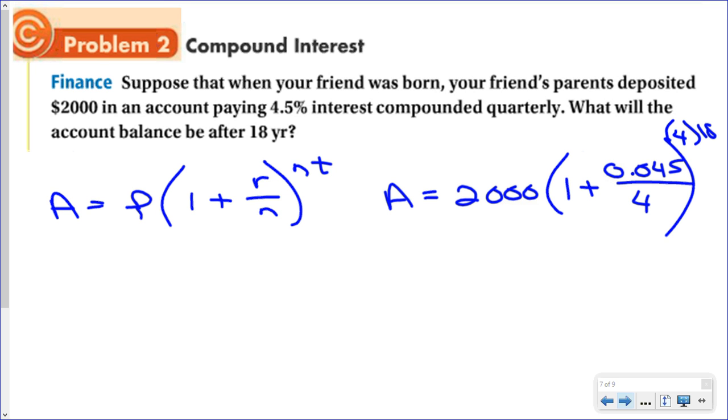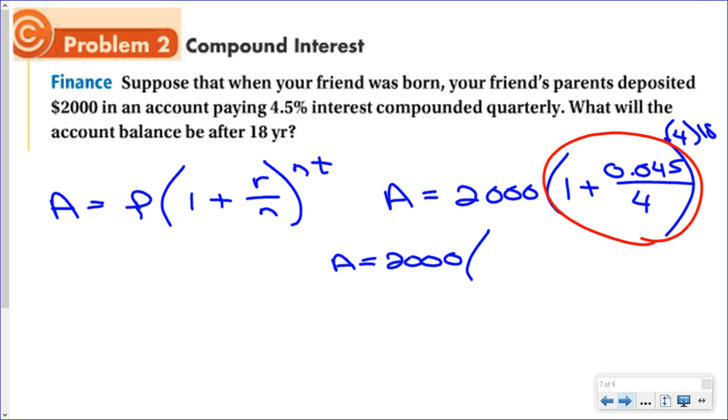Think of PEMDAS. In the parentheses, this part can be run through a calculator first, and then let's do some simplifying here. A equals 2,000 when you would take 1 plus 0.045 divided by 4. And now we can take 4 times 18 as well, and that's 72.